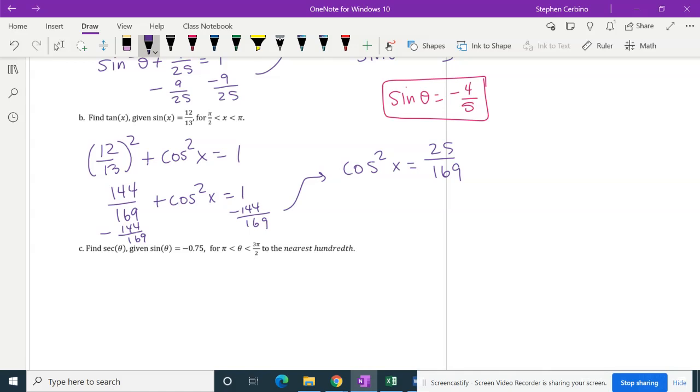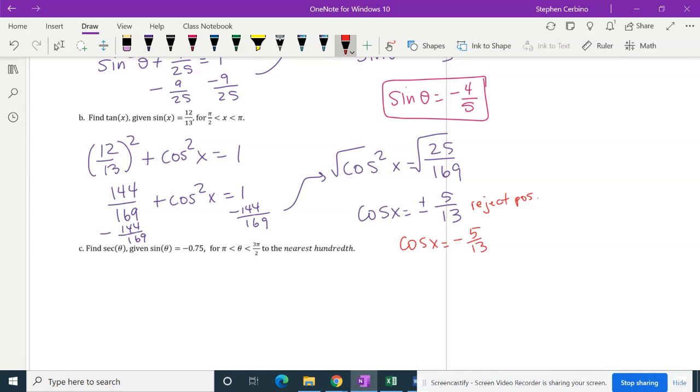Square root both sides, and we get the cosine of x is equal to plus or minus 5 over 13. Square root of 25 is 5, square root of 169 is 13. But since we're in quadrant 2, we know we want to reject the positive, because cosine's negative there. So we're rejecting the positive, and the cosine of x is equal to negative 5 over 13.